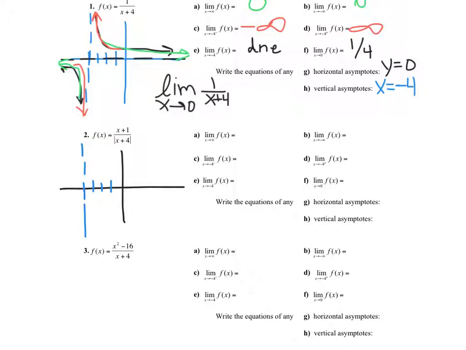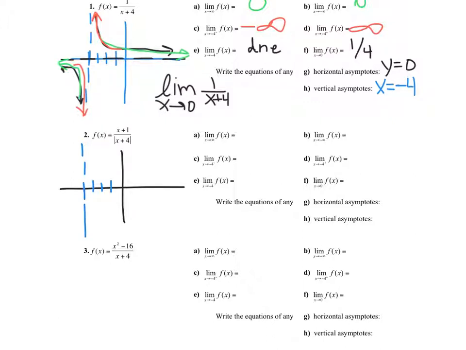You can go to the table and follow x way out. 0.95, 0.96, 0.97. It looks like it's approaching 1. Okay? Then you can also go to the table and follow x the other way. -1.1, -1.09. It looks like it's going to -1.